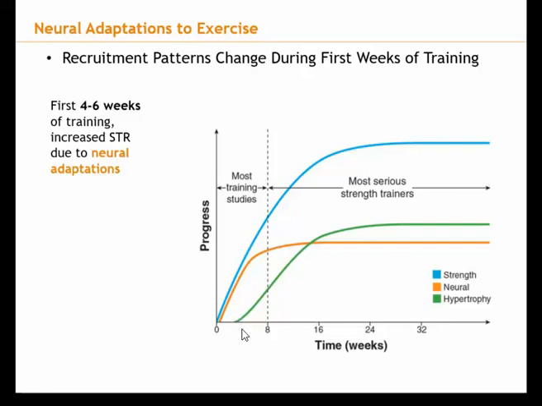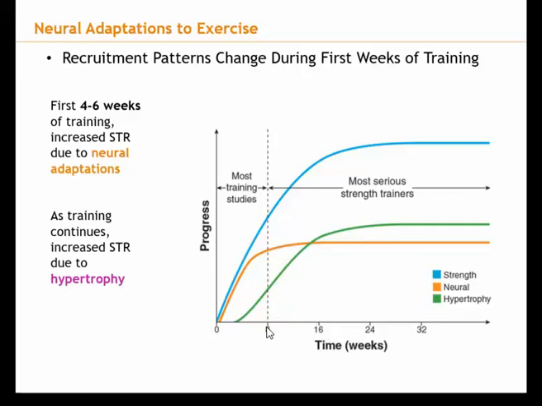So week 3 to 4, we may start to see changes to the muscle, but they're not the primary contributor to strength. We're still getting larger, but not contributing to how much force we can produce until after those 16 weeks there.